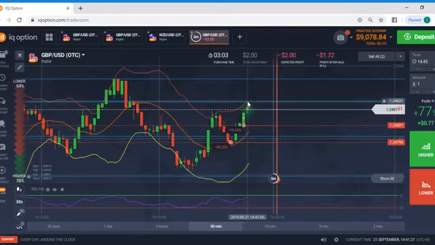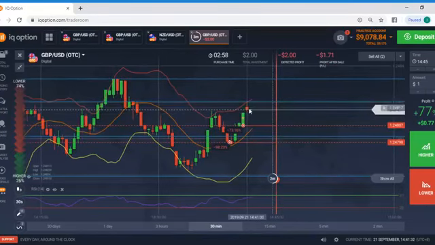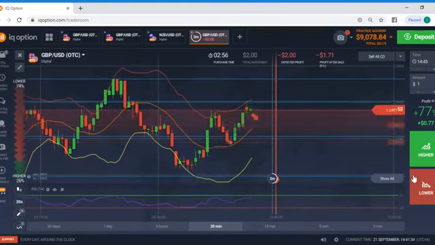And it respected that. There's a rejection in that area. So potentially it will still go down.